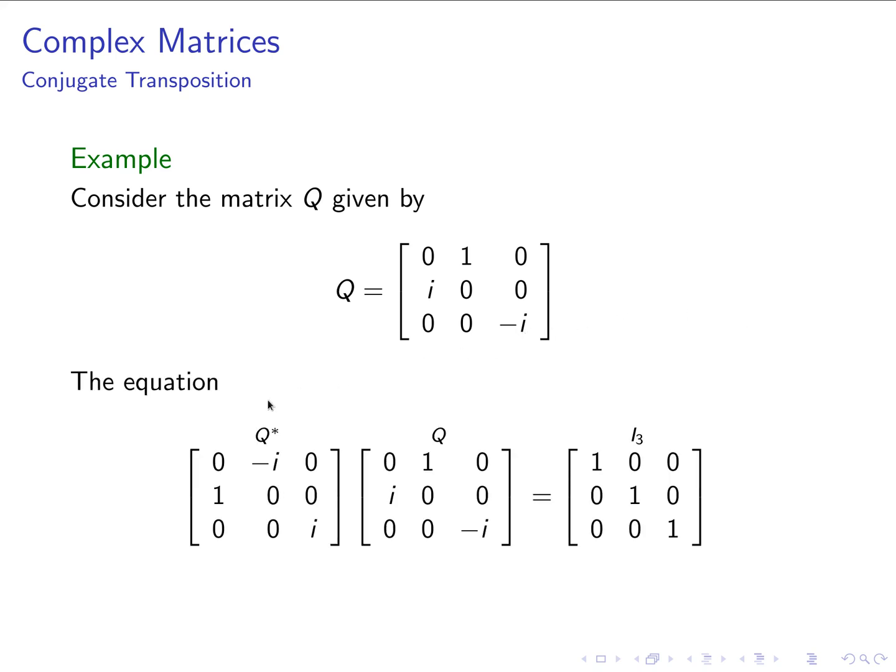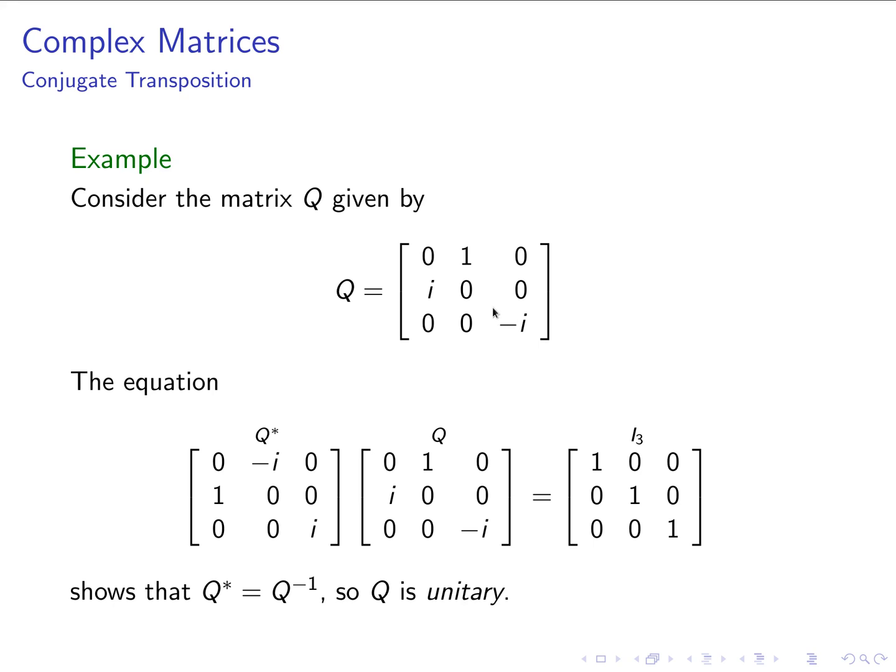If we take this matrix and multiply by its conjugate transpose, we turn out to produce the 3 by 3 identity matrix. This is exactly the equation we need to check to verify that Q star is equal to the inverse of our matrix. And when the conjugate transpose is equal to the inverse, we say that matrix is unitary. So this is an example of a unitary matrix.